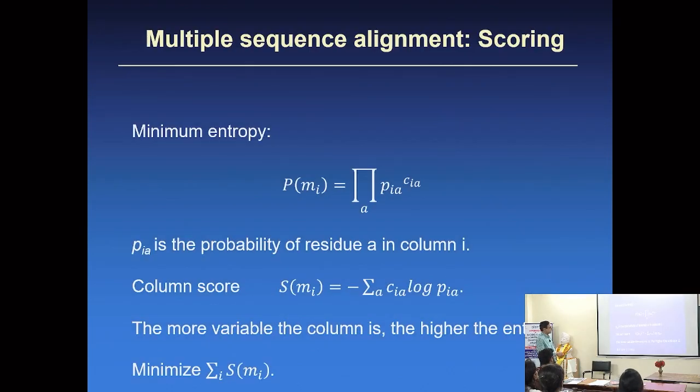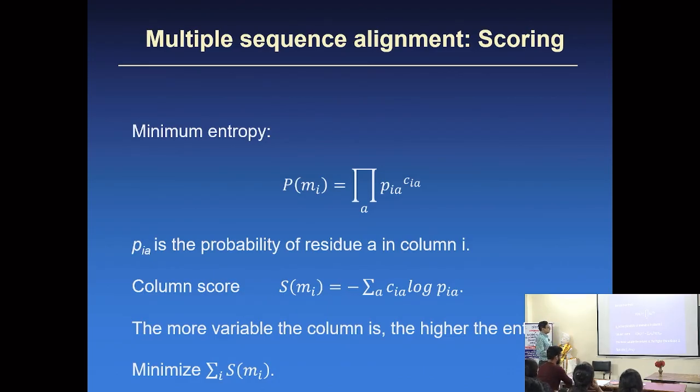Log 1 is 0. Imagine that each column is completely conserved. What would be the score for the multiple alignment? 0, because you are summing up the scores of the columns to get the score for the alignment.